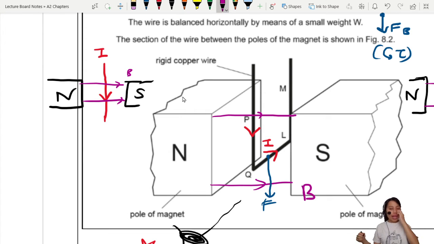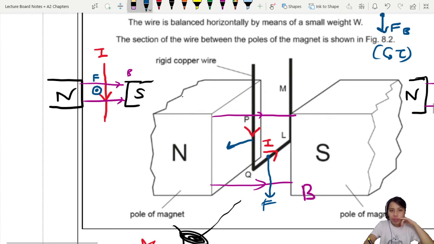So where will the thumb be pointing? The force. So this way you can do this. Your hand points to the right, middle finger down. Your thumb should be pointing out of the page. So I put here, out of the page, and that is the force. Your thumb. Oh, so that means this section will experience a force this way, to the side.